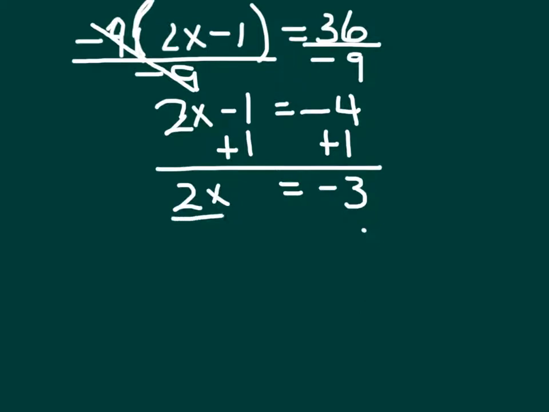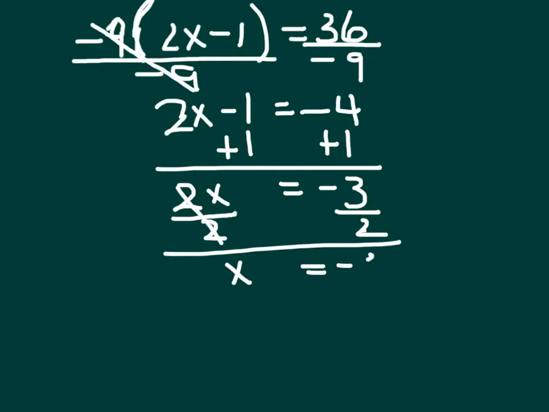The opposite of multiplying by 2 is dividing by 2. And these cancel out because they become a 1, and x equals negative 3 halves. So sometimes you can have an alternate way of doing it if the number is divisible by an exact number of times.